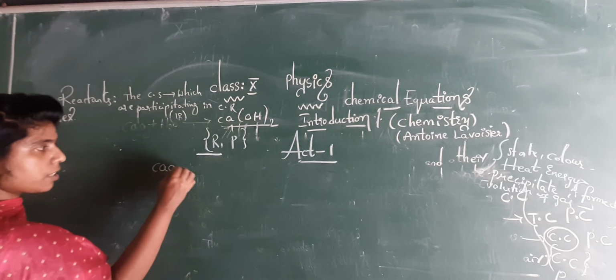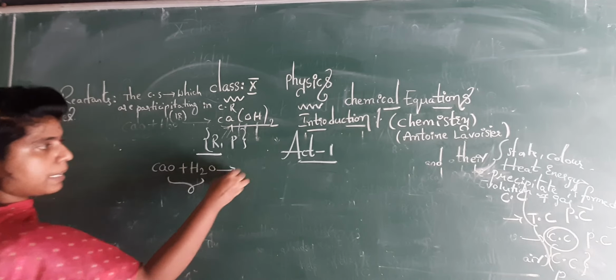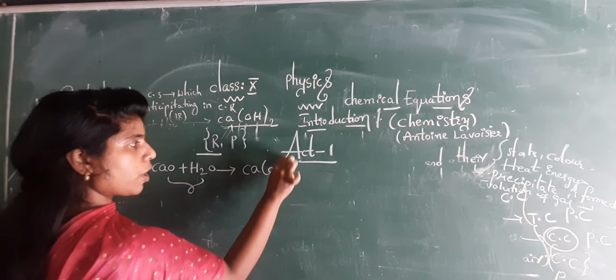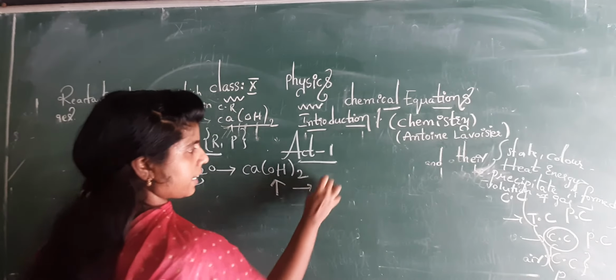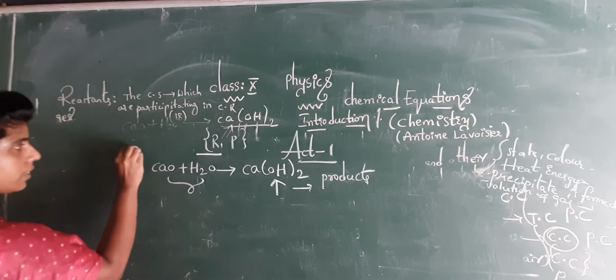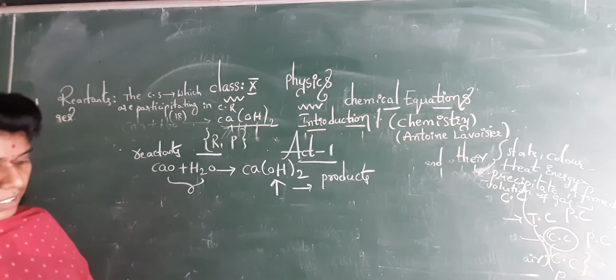Example, calcium oxide reacts with water. Two different substances combining together give rise to a new product. This is the final obtained product. These are referred to as products, and these are reactants.